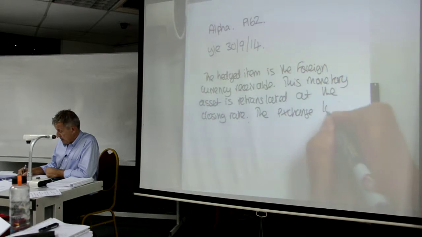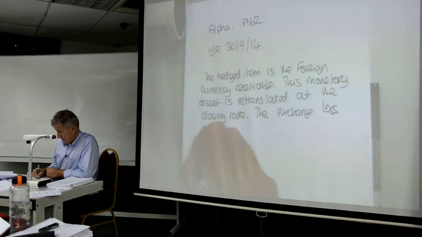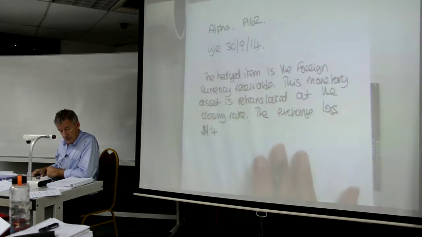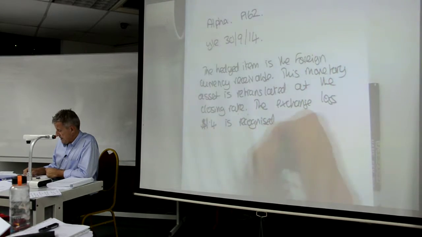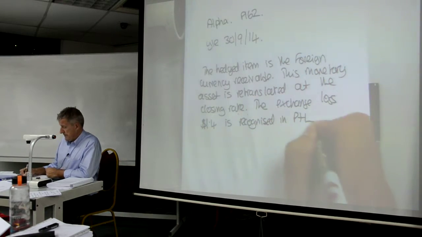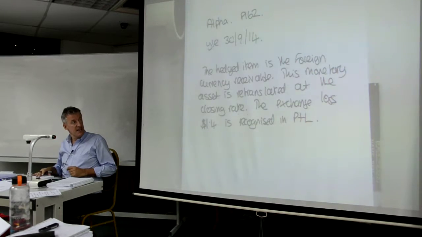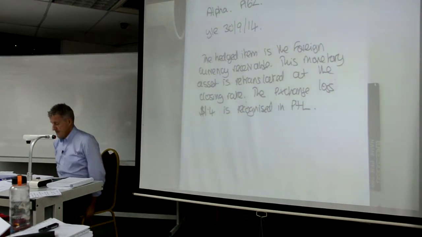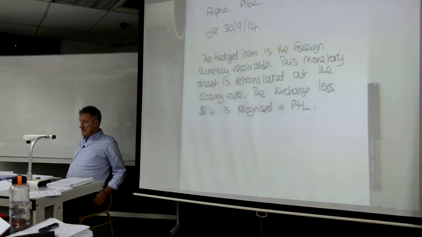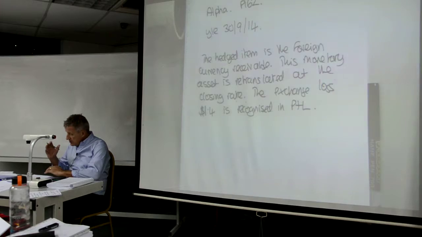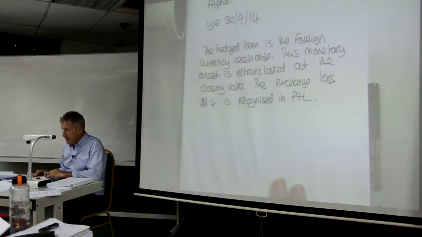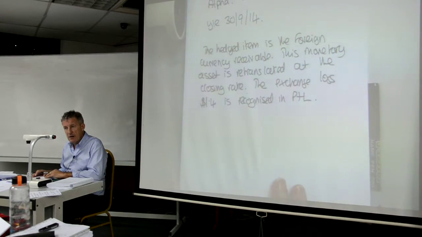The exchange loss, 1.4, is recognized in P&L. So the hedged item is the foreign currency receivable. This monetary asset is retranslated at the closing rate, and the exchange loss of 1.4 is recognized in the P&L. Full stop, leave a space, new paragraph.